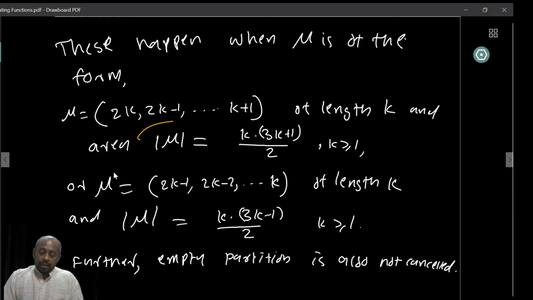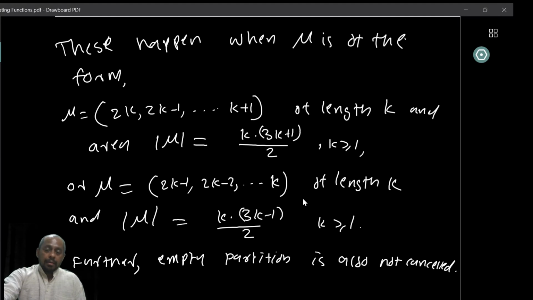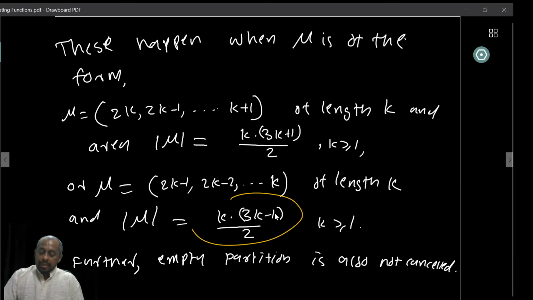The other case is when mu starts with an odd number, 2k minus 1. So 2k minus 1, 2k minus 2, etc., up to k, again of length k, because the length must be equal to A. And then the area is k into 3k minus 1 by 2.